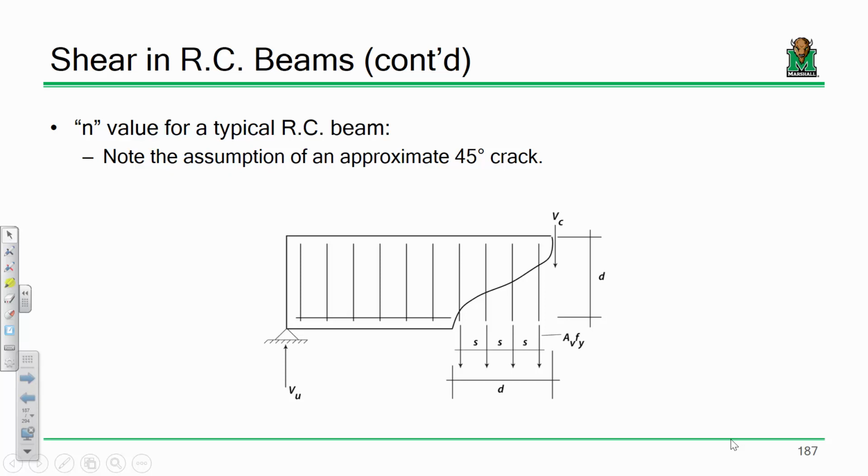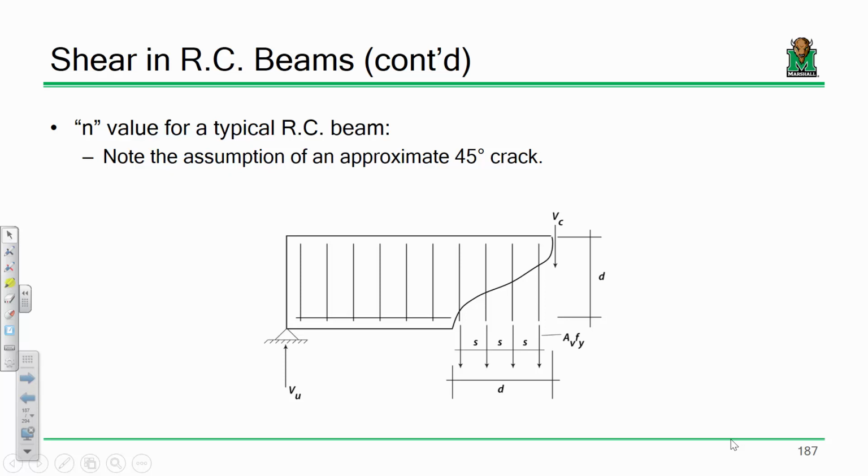Now remind me, how does a concrete beam fail in shear? What's the angle of the crack? 45 degrees. Okay, so let's say that I have a cracked section. So here's my support. And let's say it cracked at about 45 degrees. So the section looks something like this.